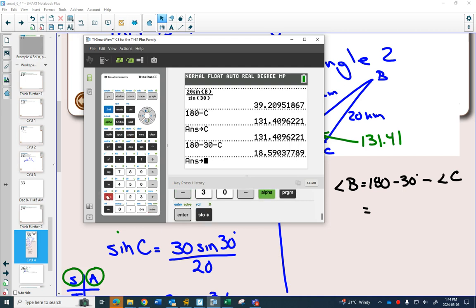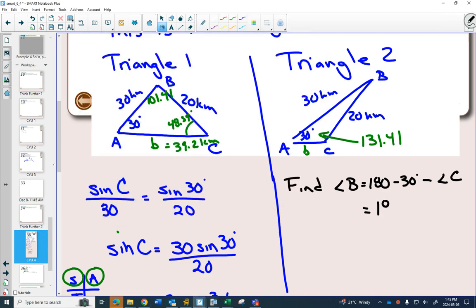I'm going to store that over top of angle b. So now I know this angle is 18.59 degrees.